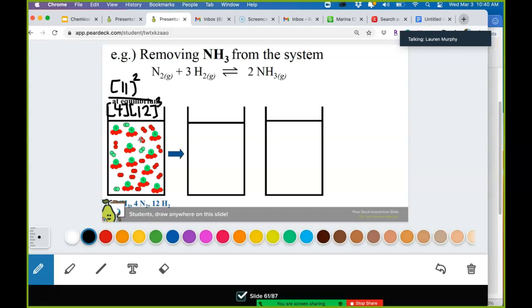So to solve for K, you do products divided by reactants raised to their coefficients. I've done this one already as well. And it comes out to be 0.0175. That's the equilibrium constant.